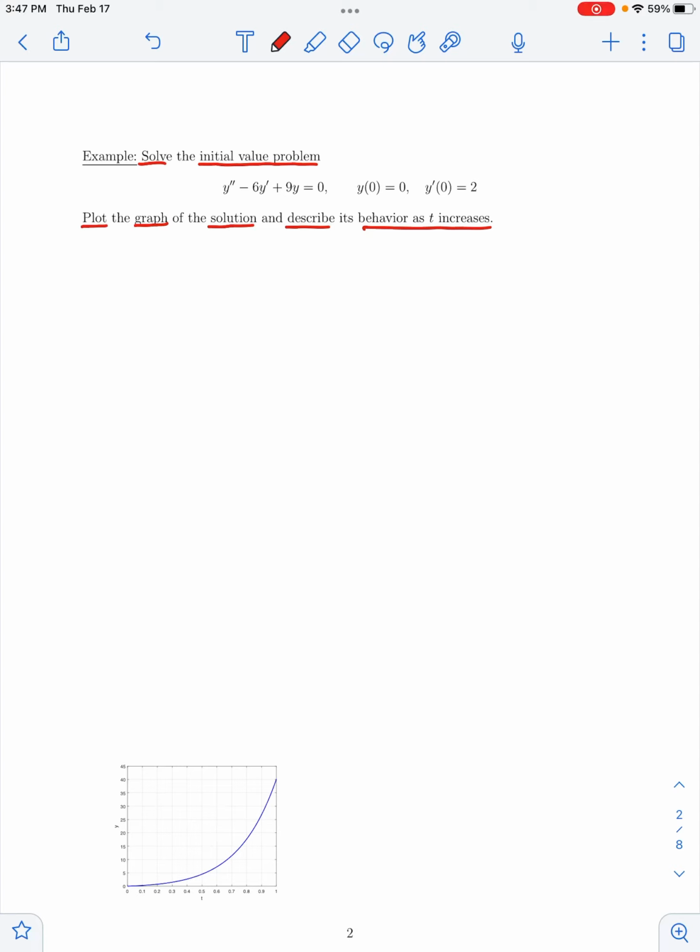So when we look at this equation, we see that it is a second-order linear homogeneous equation with constant coefficients.